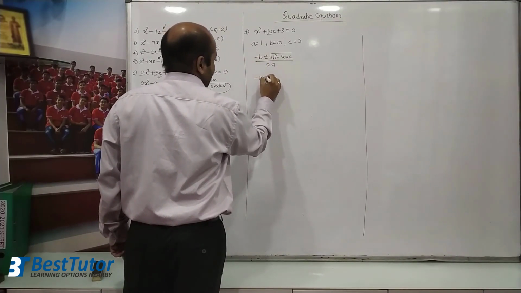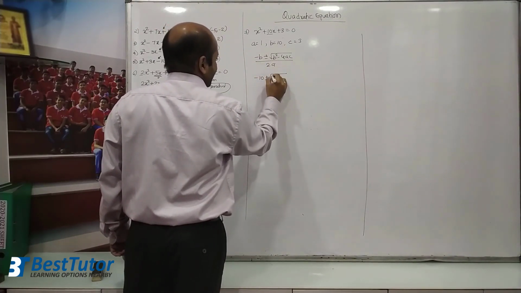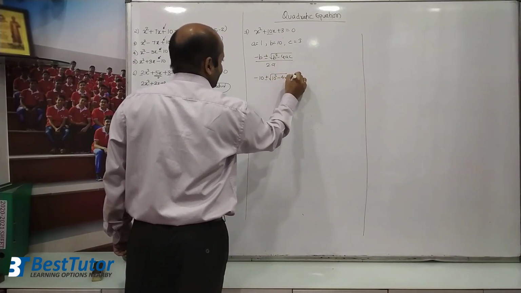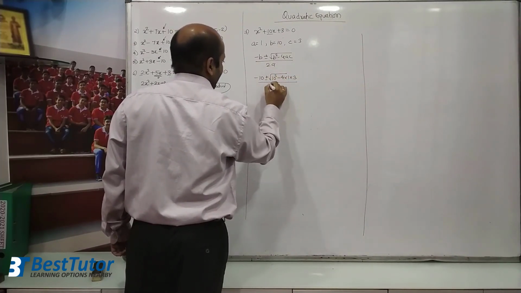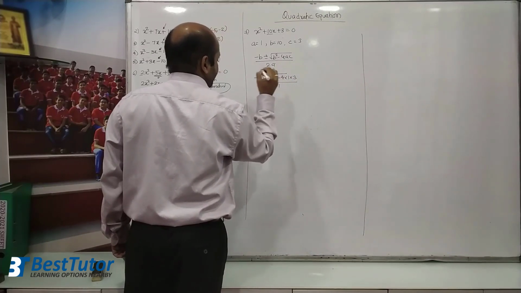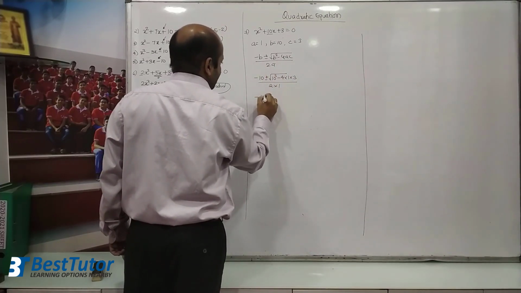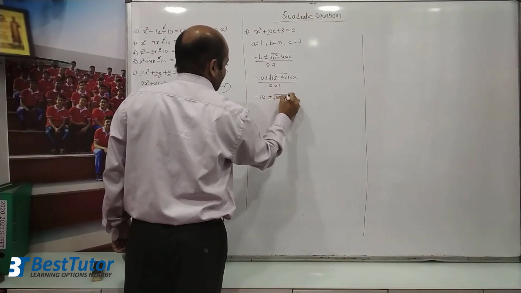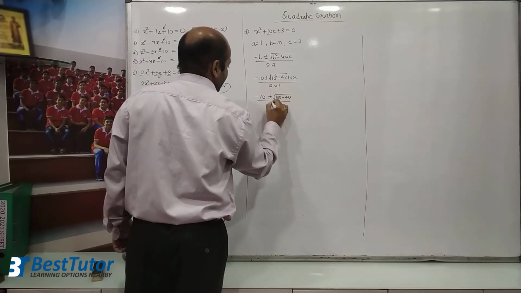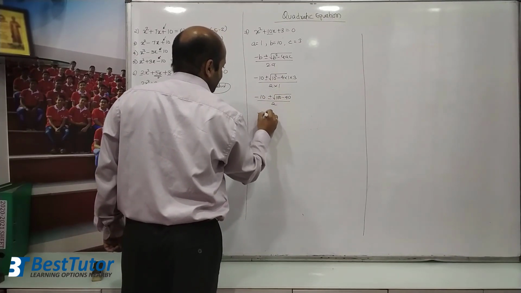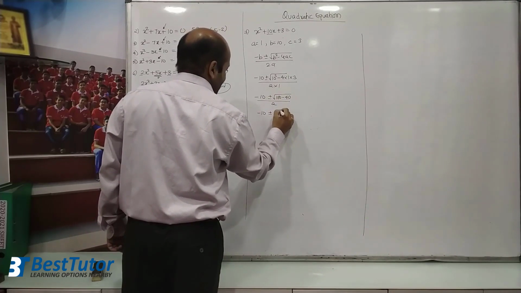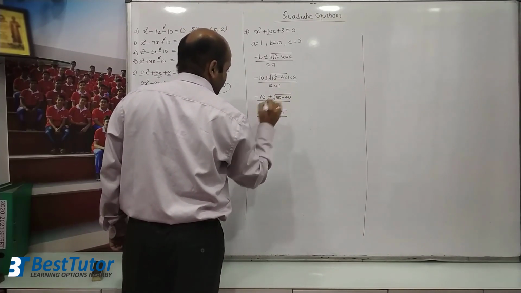Minus 10 plus minus root of 10 square minus 4 into 1 into 3 divided by 2 into 1. What do I get next? Minus 10 plus minus root of 100 minus 12 divided by 2.